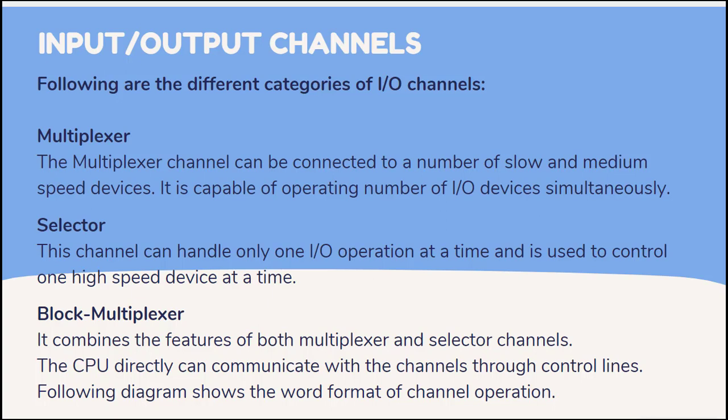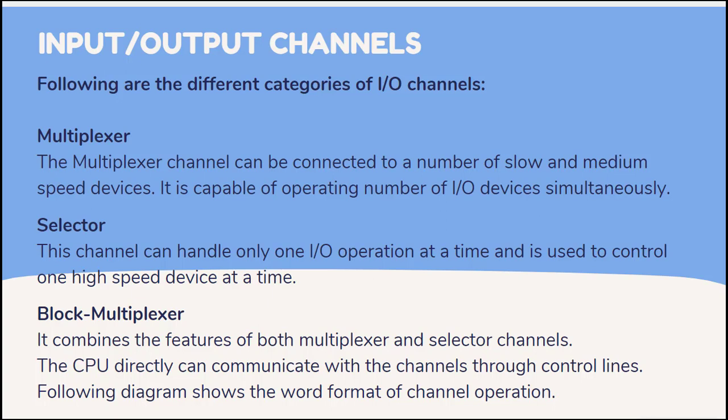Next one is the selector. This channel can handle only one I/O operation at a time and is used to control one high-speed device at a time. And lastly is the block multiplexer. It combines the features of both multiplexer and selector channels. The CPU can directly communicate with the channels through control lines.